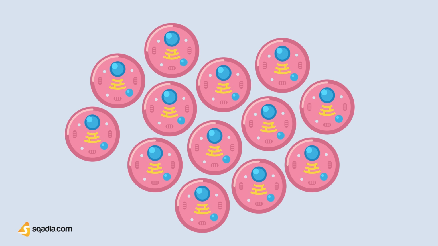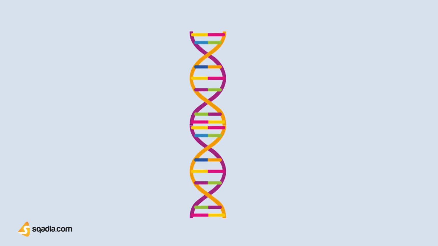This set of instructions is known as our genome and is made up of deoxyribonucleic acid. Each cell in the body, for example, a skin cell or a liver cell, contains this same set of instructions.